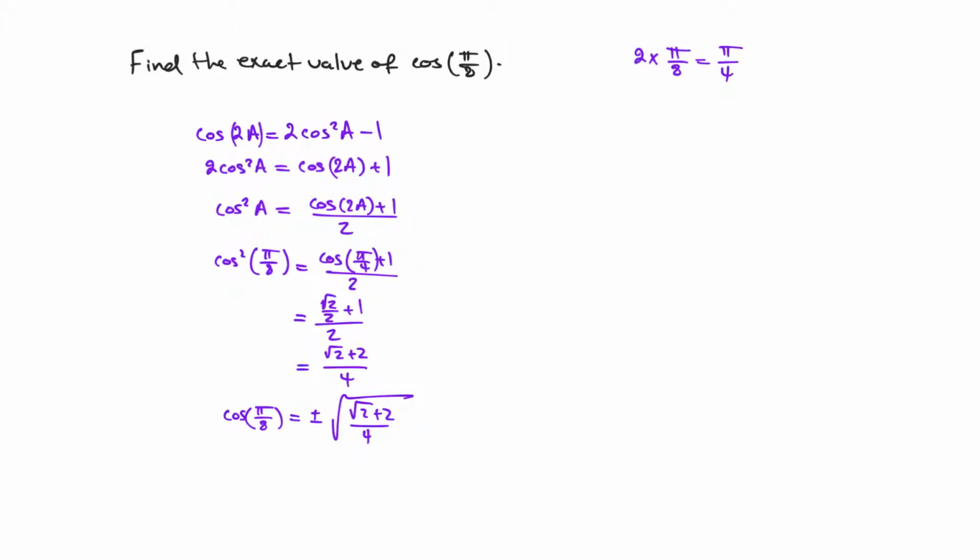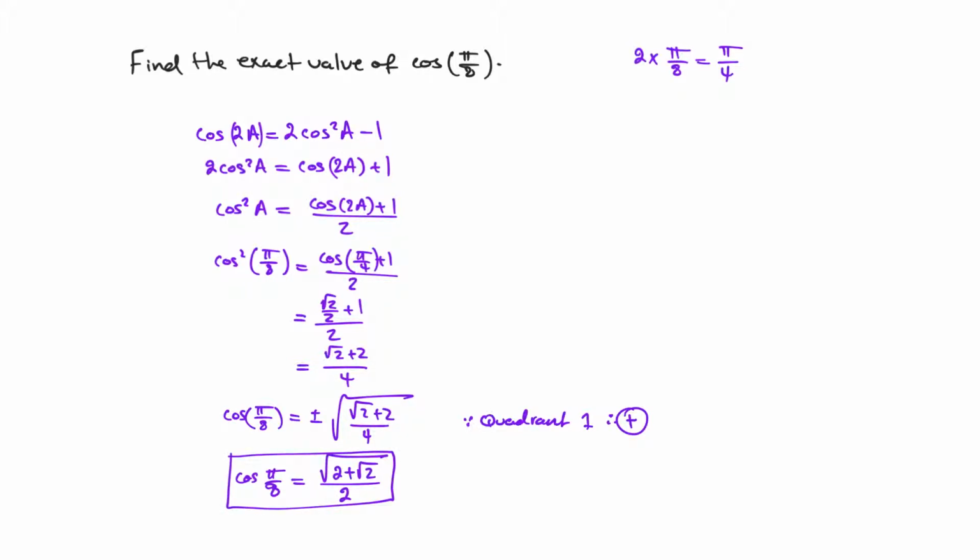Since angle pi over 8 is in quadrant 1, it needs to be positive only, it can't be negative. If I simplify this, cosine of pi over 8 will equal only the positive. The top would be the square root of root 2 plus 2, over the square root of 4, which is 2. And that would be my final answer.